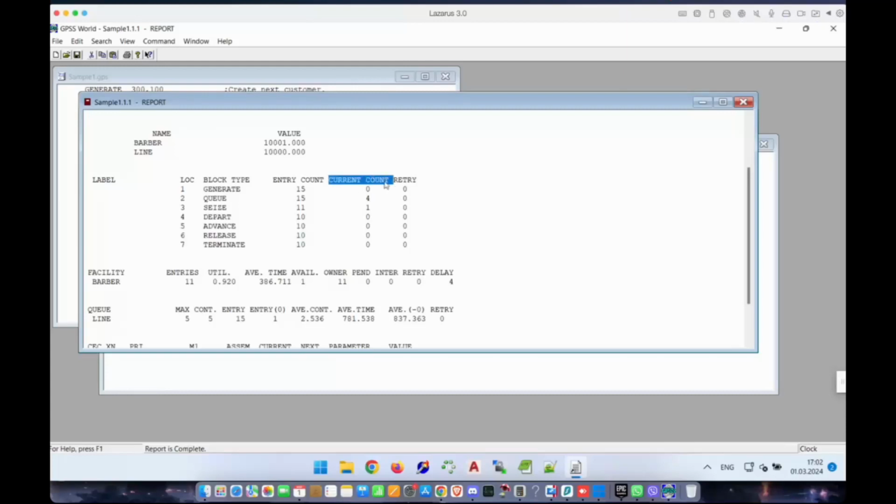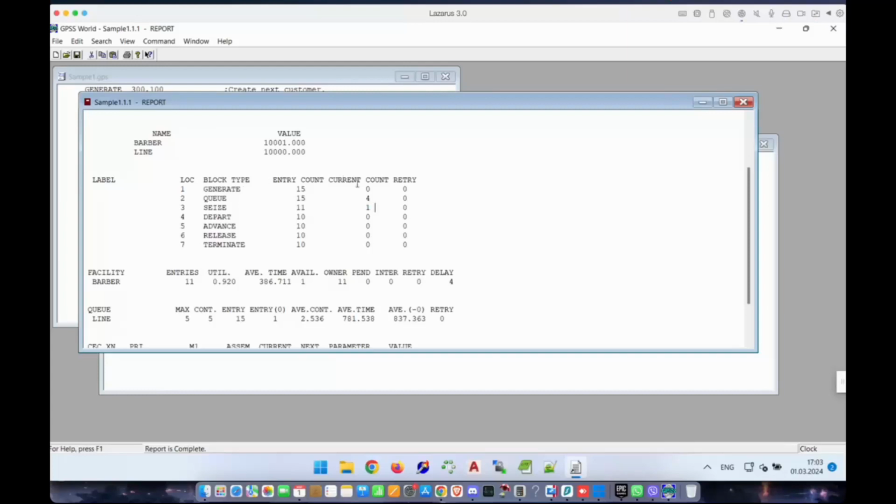So the current count: at the moment of stopping the simulation, literally we see how many transacts right now are in the process of execution, or you can call it how many transacts are stuck in which command executions.